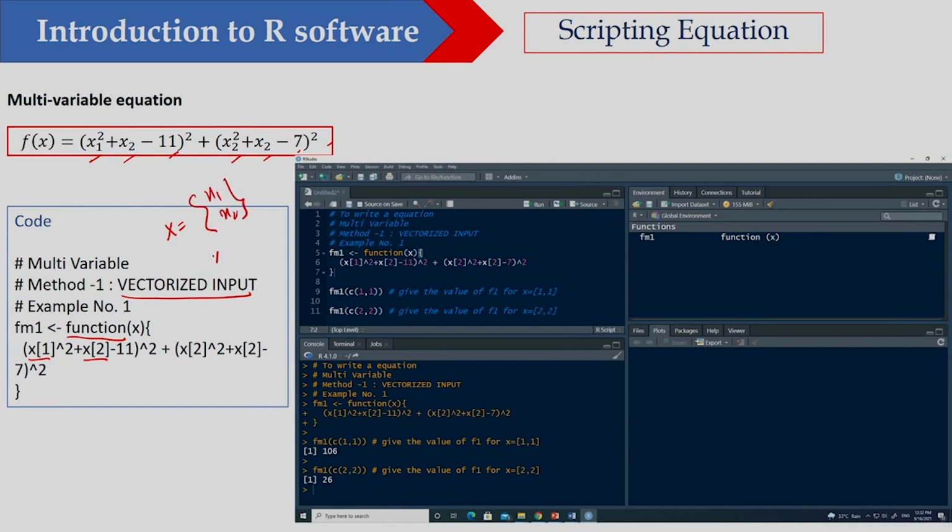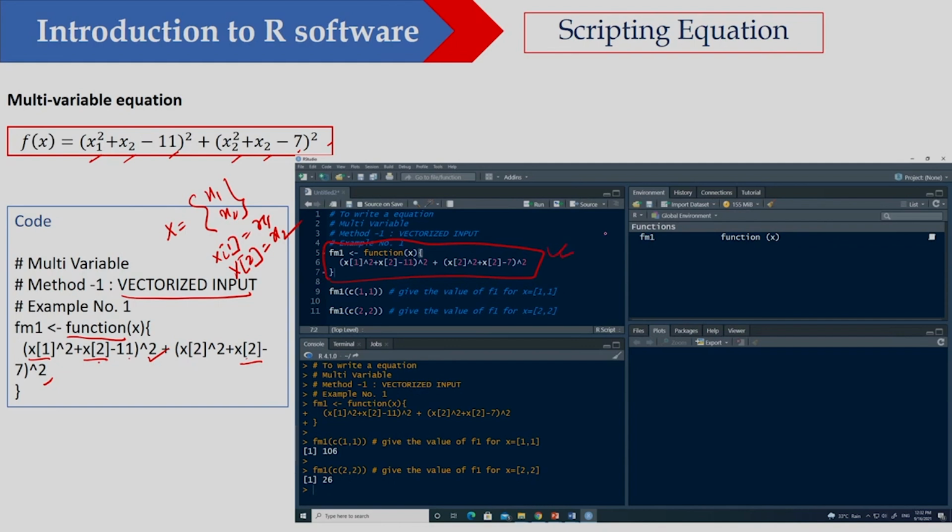So, I have used x1 square plus x2 minus 11 whole square, then x2 square plus x1 minus 7 whole square. I have written this particular function here.